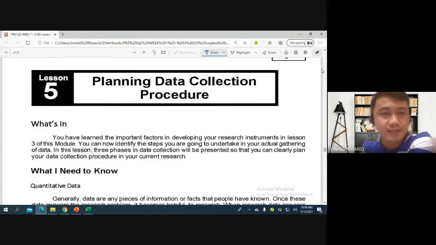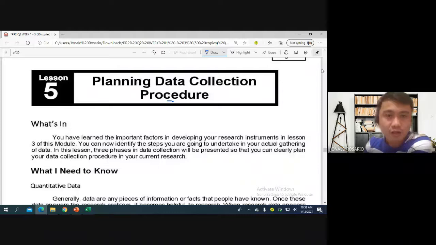Next, for the last lesson, lesson 5, planning data collection or the data collection procedure. Okay, so napag-aralan na natin yung mga factors para ma-develop natin yung instruments na gagamitin natin, especially sa mga studies ninyo.